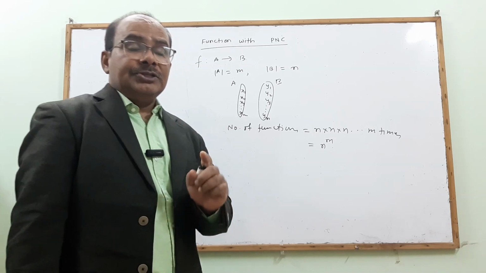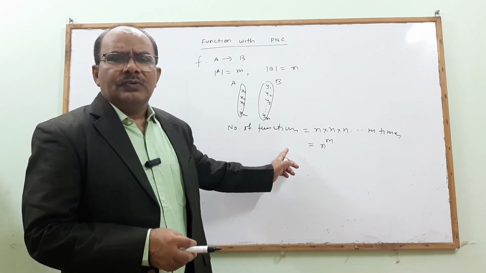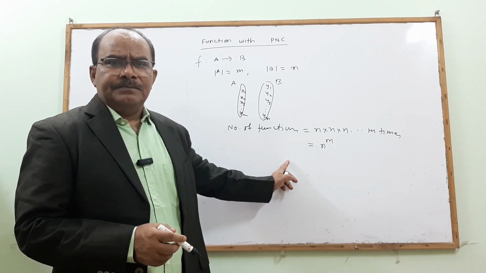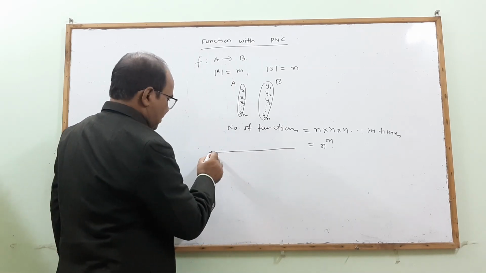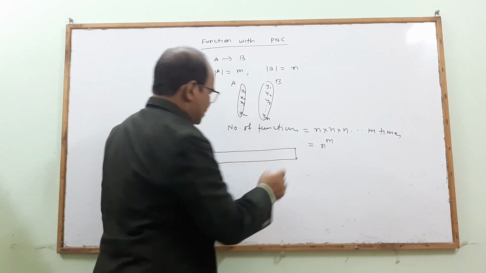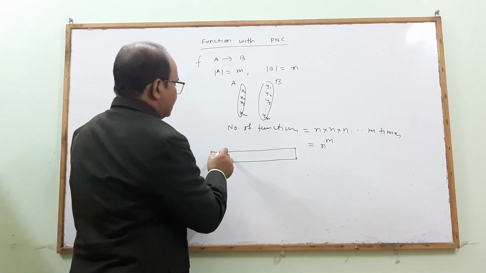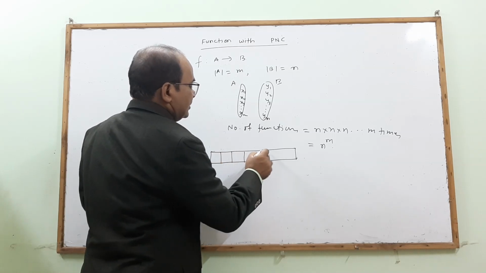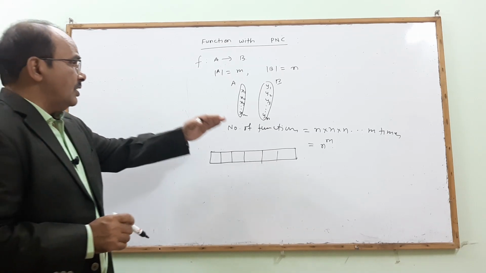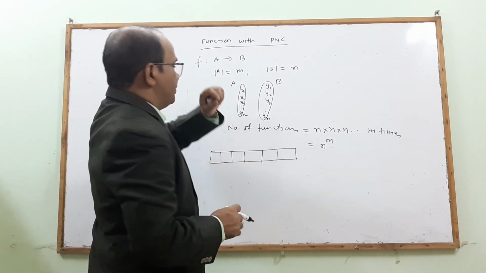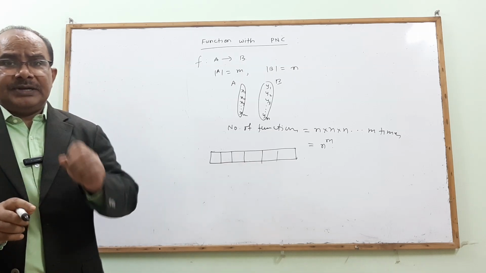Now someone is asking how many one-one functions are possible. In this case we can consider a rectangle and partition the rectangle into m parts.